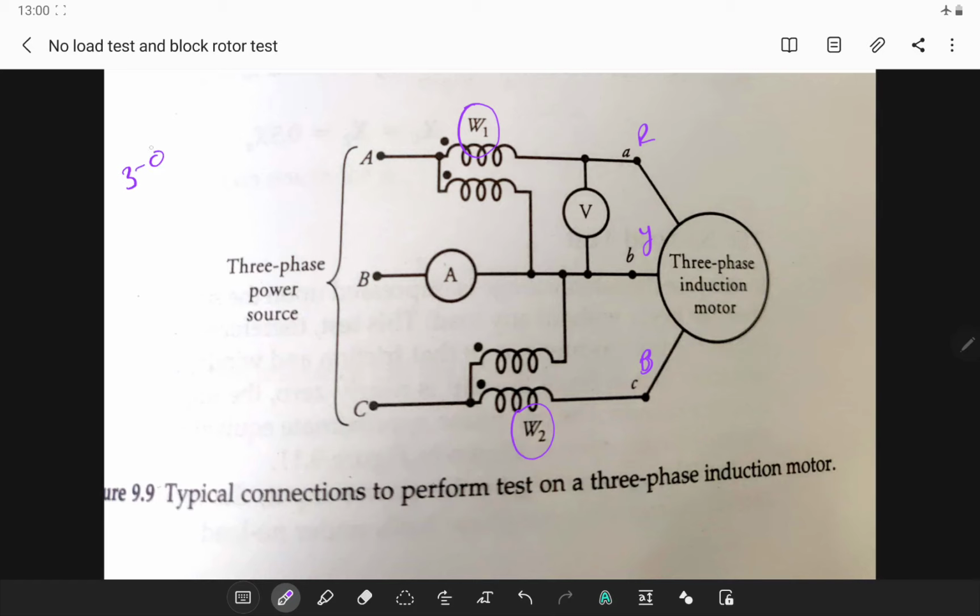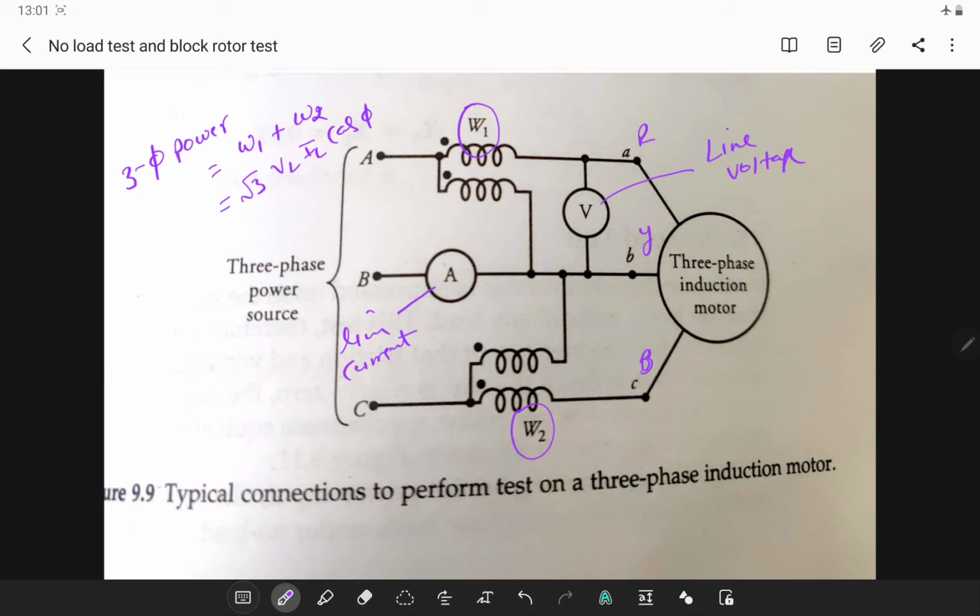So three phase power will be W1 plus W2, and it will be equal to root 3 VL IL cos phi. The ammeter will give you the line current and voltmeter will give you the line voltage. This is the connection you will do in the lab.